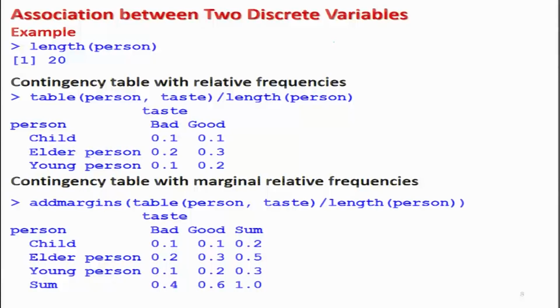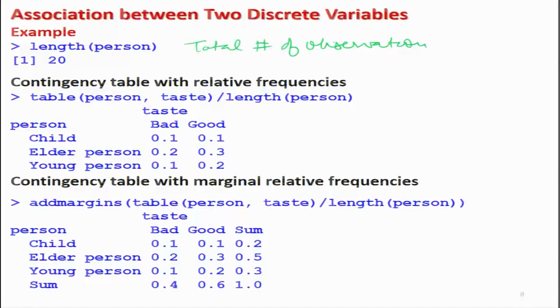Now we try to find the same thing with respect to the relative frequencies. In order to find the contingency table with relative frequencies, first we need to find the total number of observations. For this we have two options.